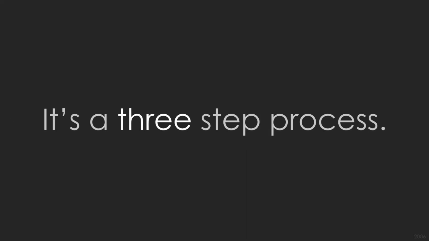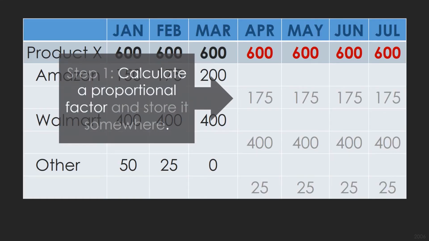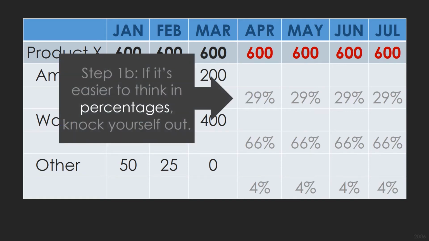It's a 3-step process. Step 1, calculate a proportional factor and store it somewhere. Step 1b, if it's easier to think in percentages, knock yourself out.